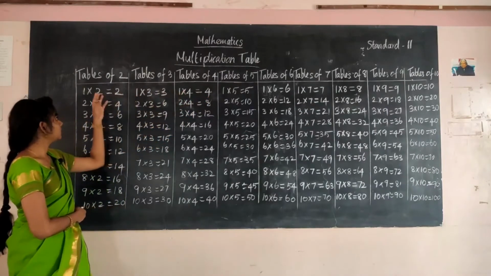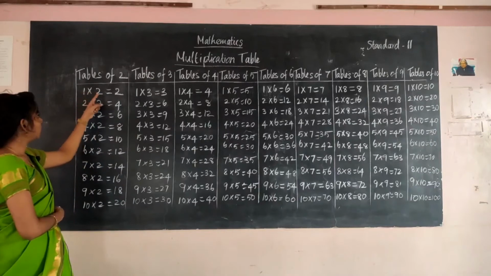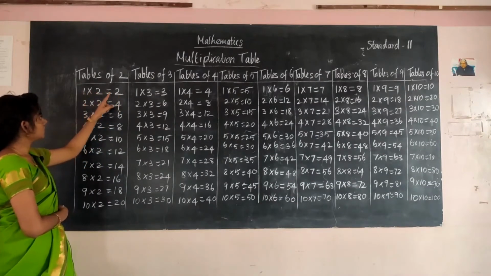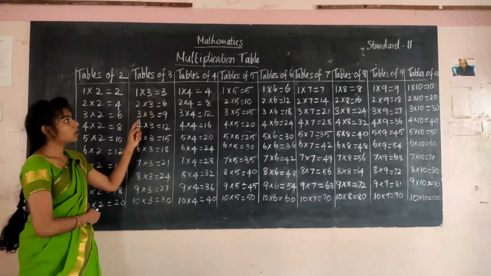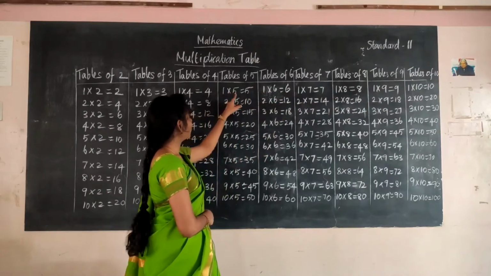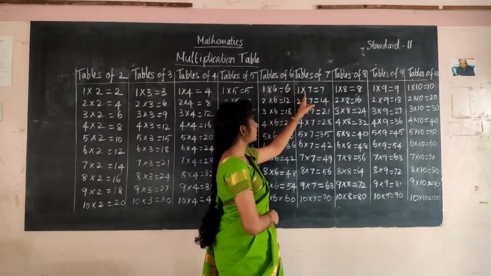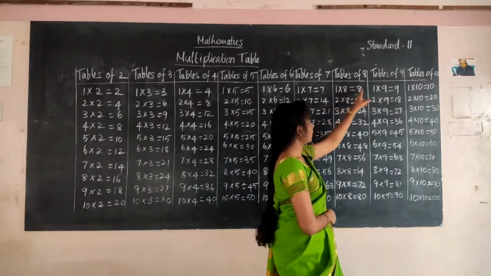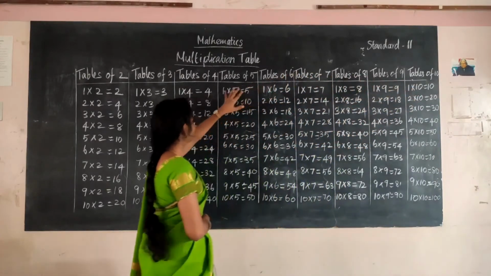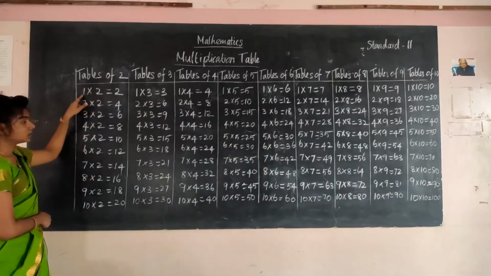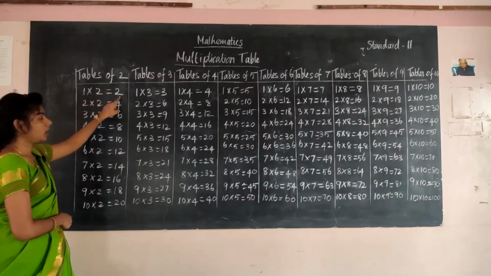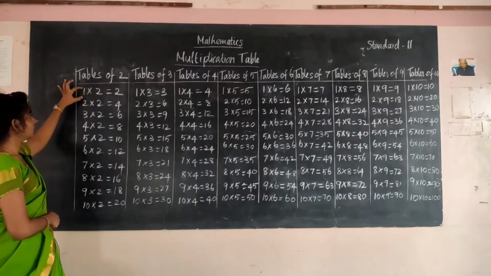While we are multiplying the number 1 by any number, you will get the same number. The ones will be the same for everything. 1 5's are 5, 1 6's are 6, 1 7's are 7, 1 8's are 8, 1 9's are 9, 1 10's are 10. So while multiplying 1 by any number, you will get that number as the answer. This is the table of 1.